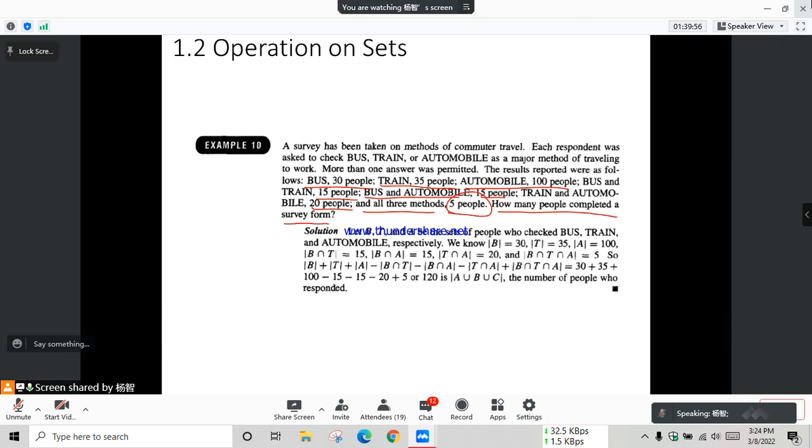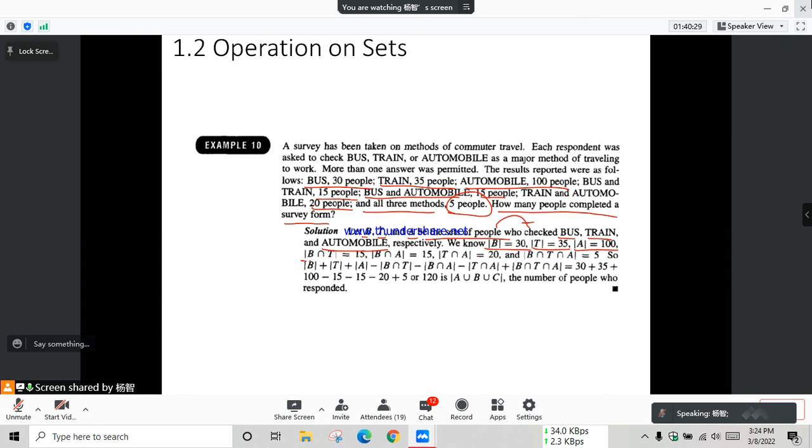Okay, so we can also use the inclusion and exclusion property of sets. Let B, T, A be the sets of people who check bus, train, and automobile. From the content of example 10, we know that the cardinality of B is 35, the cardinality of T is 23, the cardinality of A is 100.